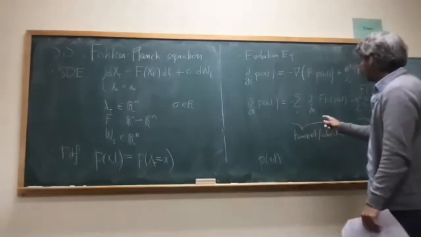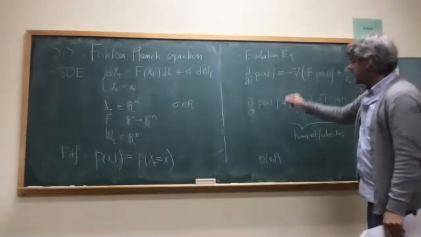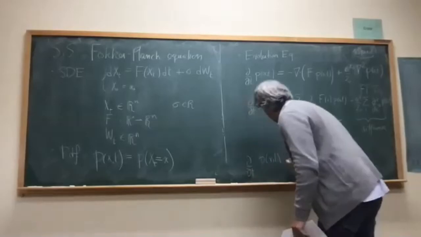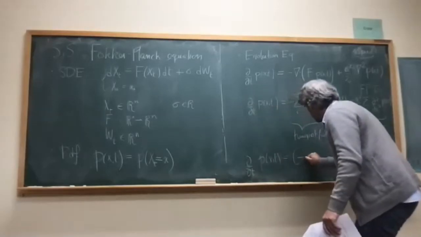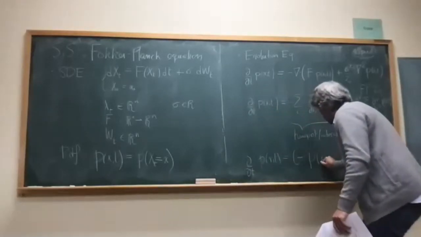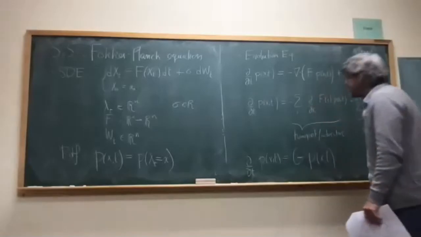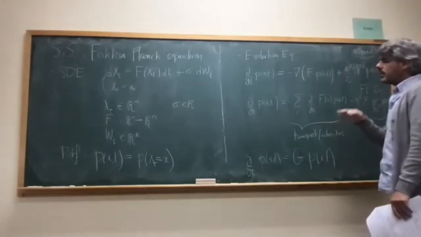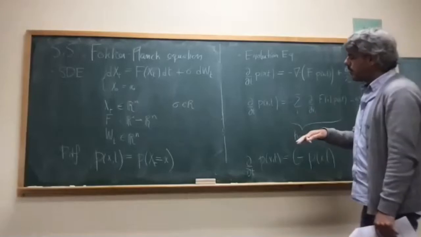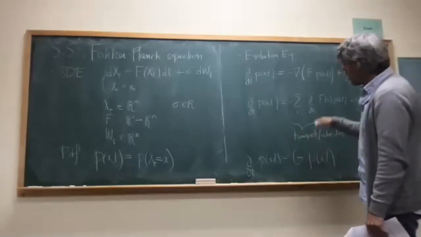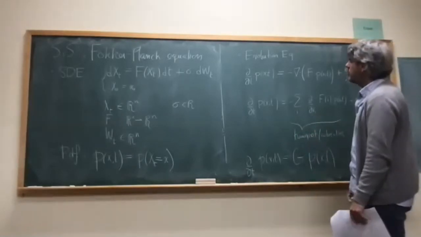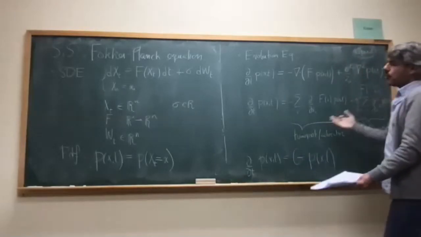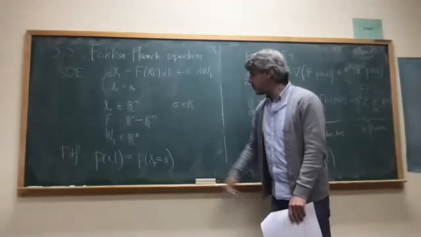But the one thing I'll notice is that if you look at this, it's a linear equation. And this now ties in with what I discussed right from the beginning. All evolution equations for Markov processes are linear for the density or for the probability. Okay, so this is a kind of Schrödinger equation for the real PDF of the process.